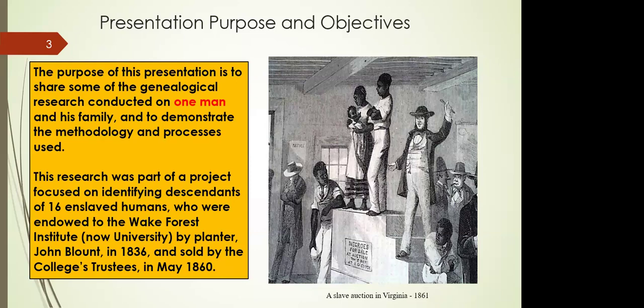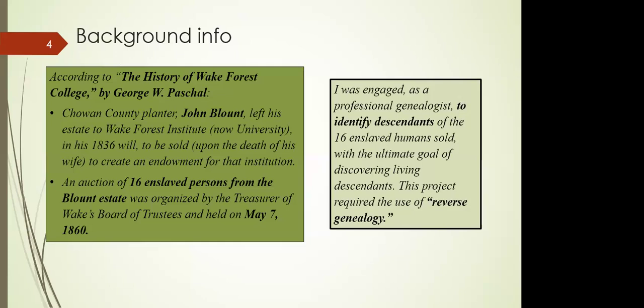Just to give you a little background, according to the History of Wake Forest College by George Washington Paschal, Chowan County planter John Blunt left his estate to Wake Forest Institute, now University, in his 1836 will to be sold upon the death of his wife to create an endowment for that institution.